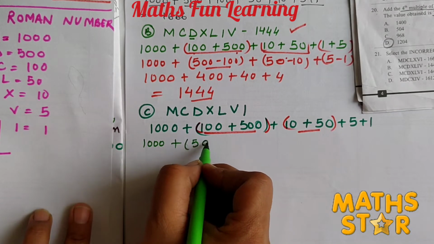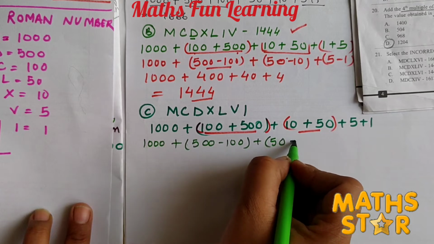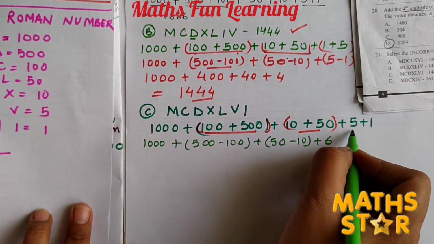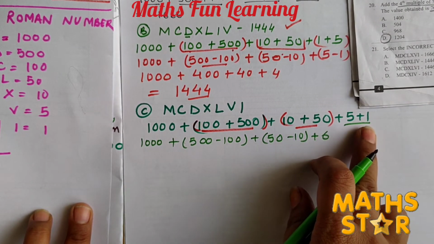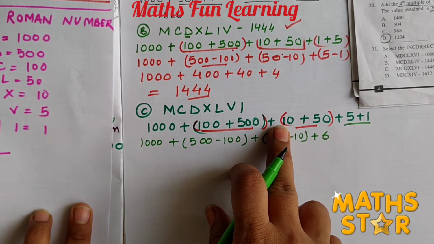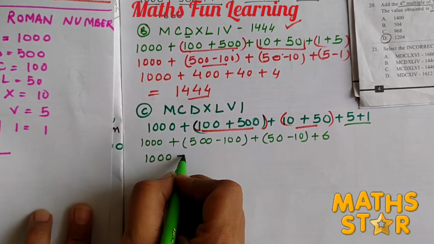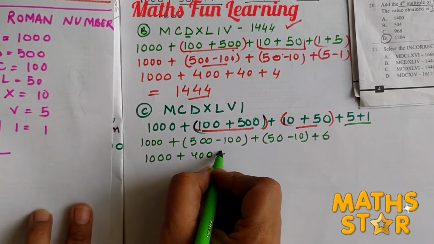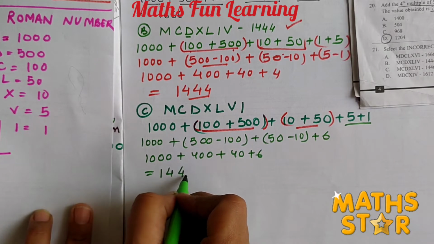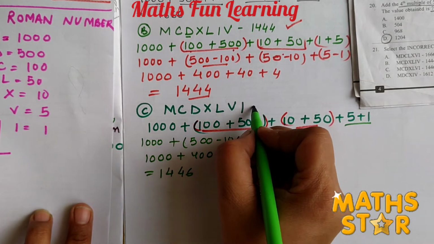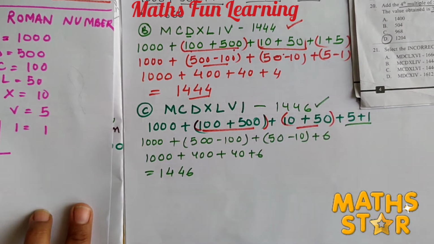Plus 50 minus 10 plus 6. Right side numbers are always added, but a smaller left side number is subtracted. So it's 1000 plus 400 plus 40 plus 6. The number is 1446, which is also correct.